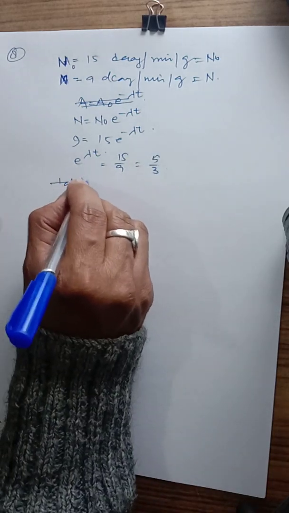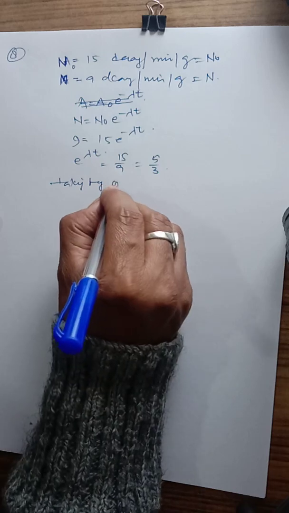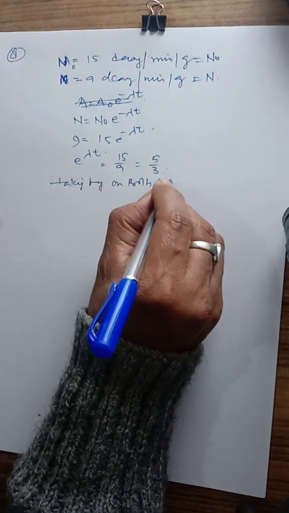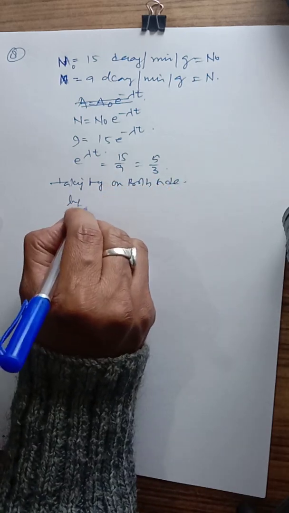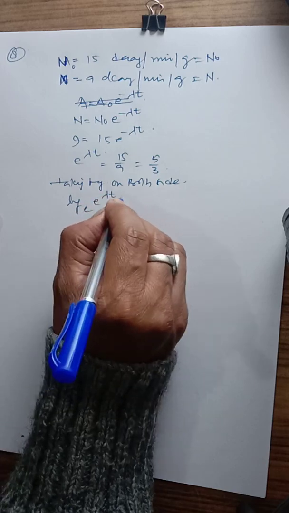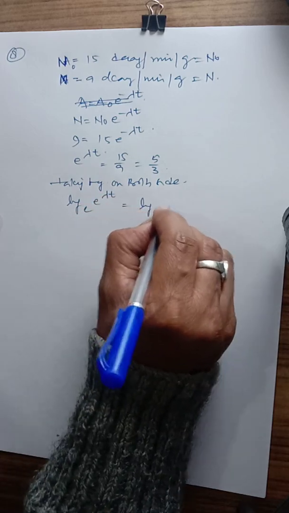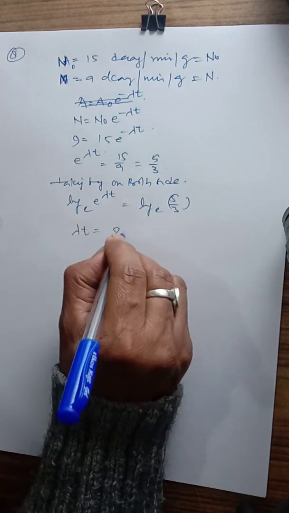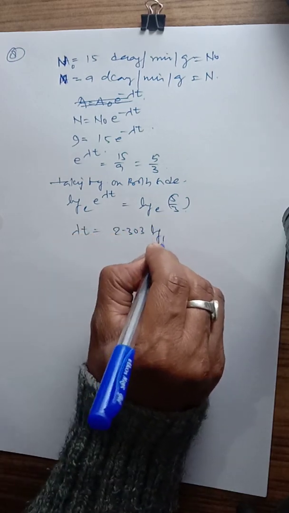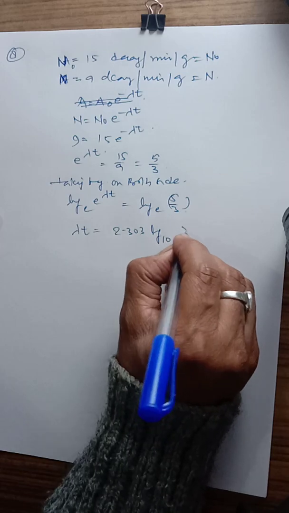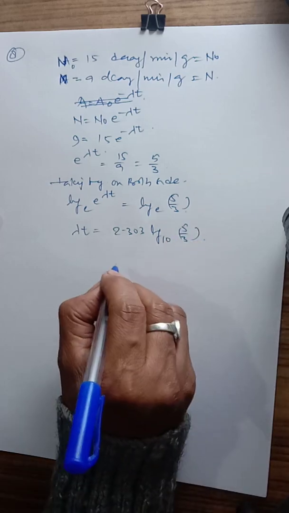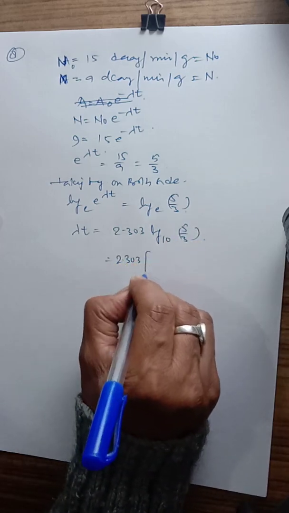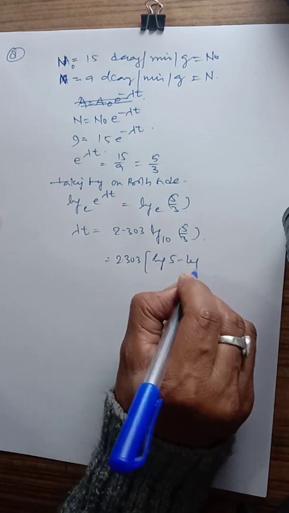Taking log on both sides, log e raised to the power lambda t is equal to log e of 5 by 3. So lambda t becomes 2.303 log base 10 of 5 by 3, which is 2.303 times log of 5 minus log of 3.